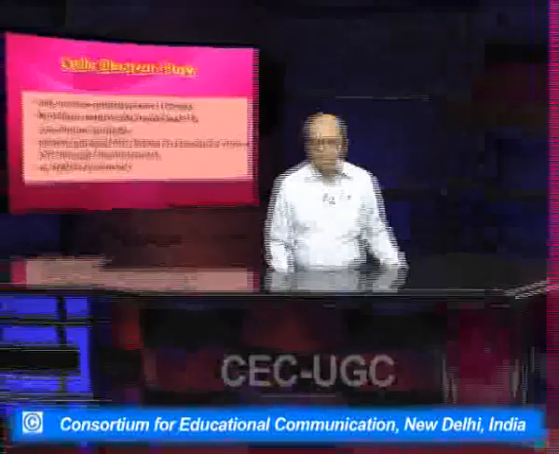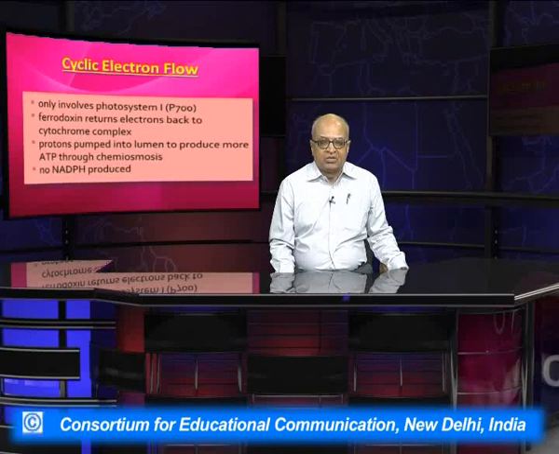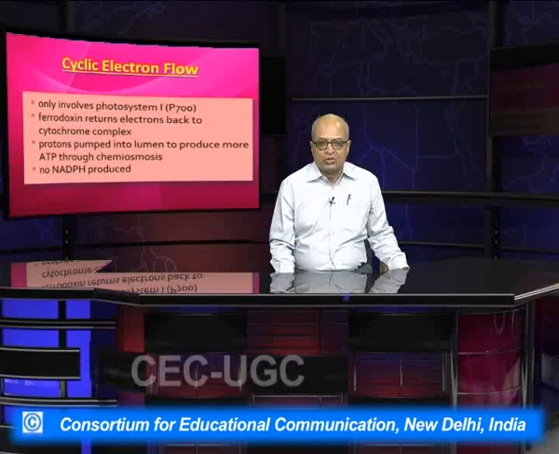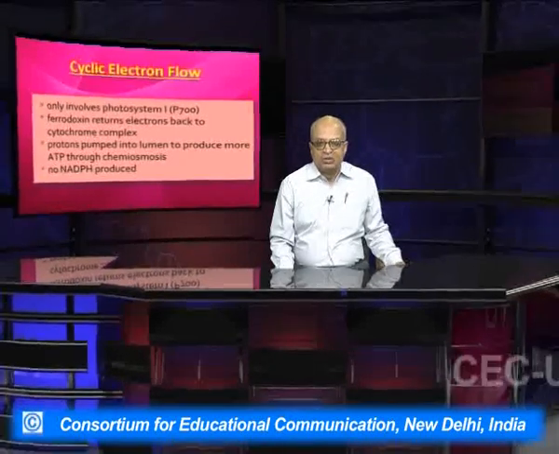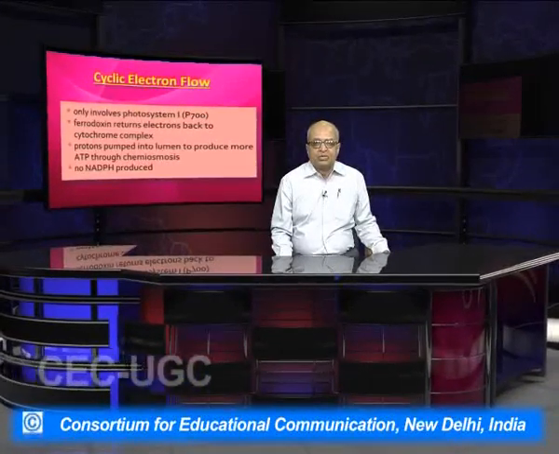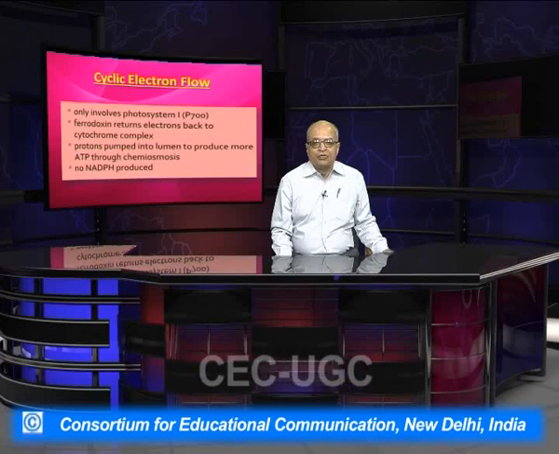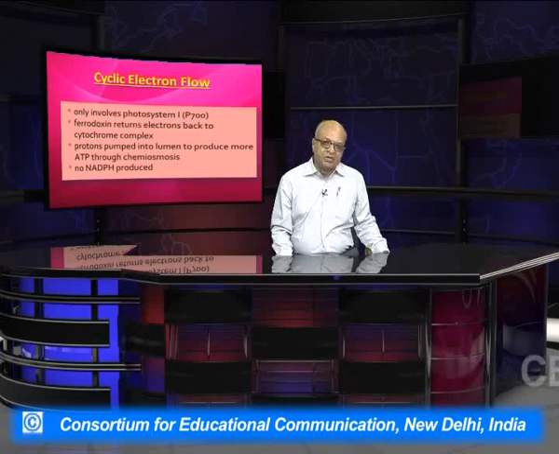I must remind my viewers, the summary is: no PS2, no water splitting, no protons, no electrons, and therefore no sequence of replenishment to PS1. This is the basic idea.